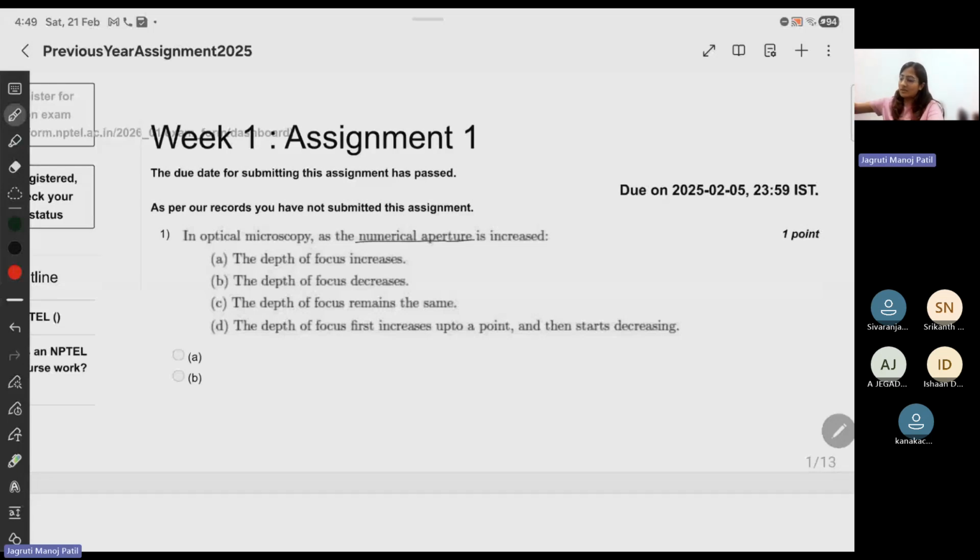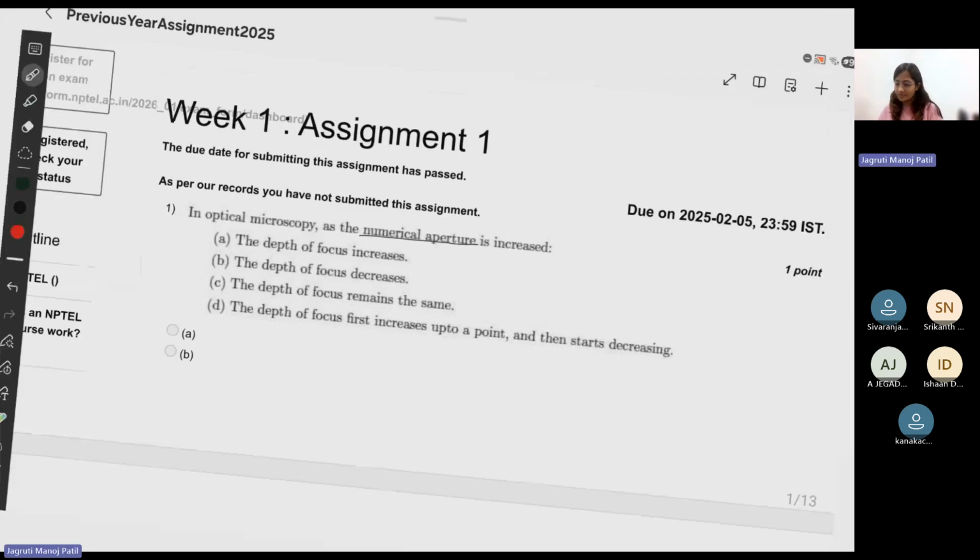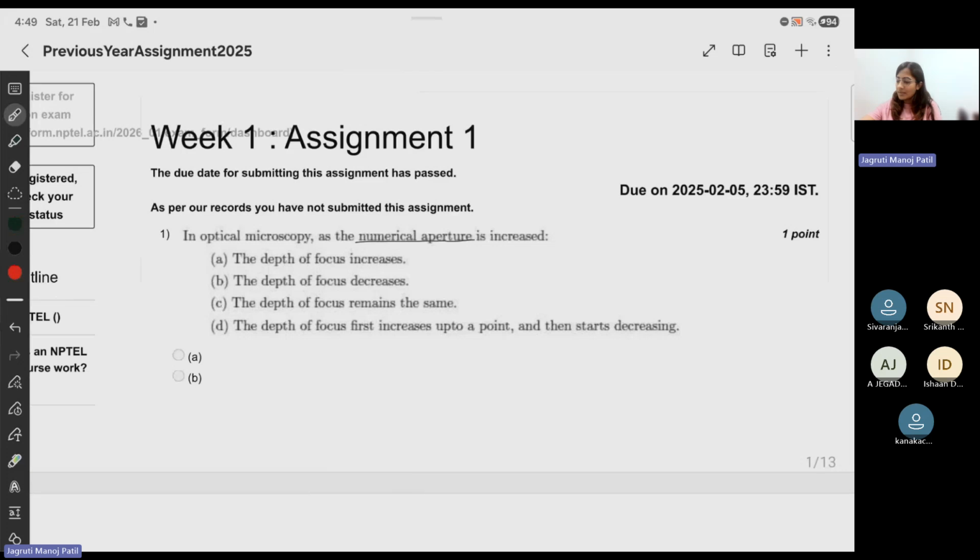Image should make this. Good. So this numerical aperture is nothing but the one in the objective slide that you're looking at. Okay. And how this numerical aperture is defined is n sine theta.